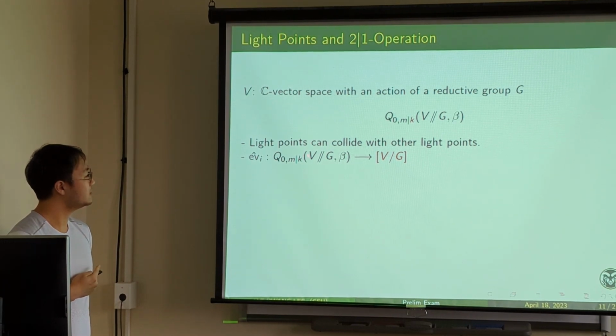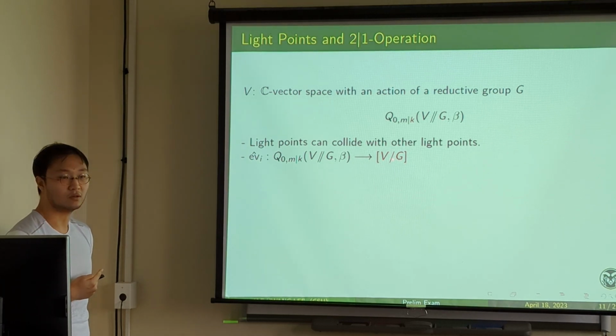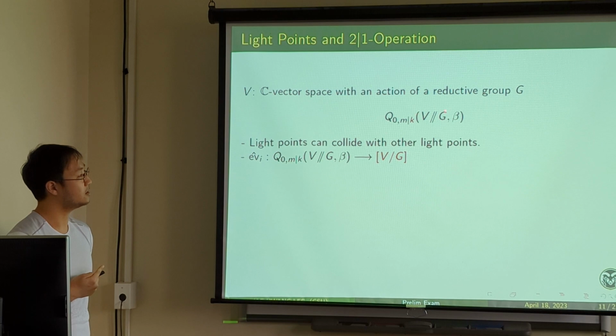And since these are very similar to base points, when we evaluate at a light marking, we can land on some unstable locus of V. But this object, which is called the stack quotient, also has an unstable locus compared to this GIT quotient.